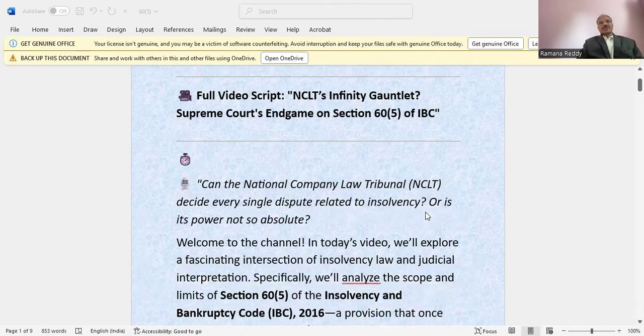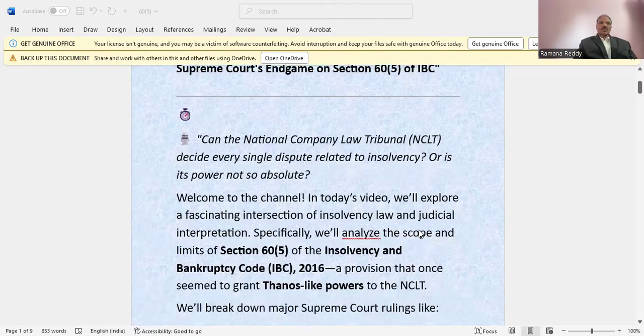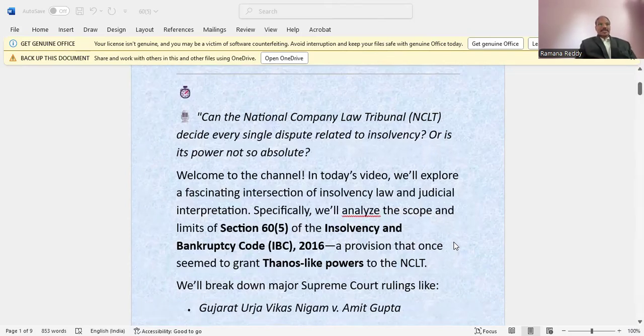Today's video we will explore a fascinating intersection of insolvency law and judicial interpretation. Especially, we'll analyze the scope and limits of Section 60, subsection 5 of the Insolvency and Bankruptcy Code 2016, a provision that at once seems to grant Thanos-like powers to the NCLT.